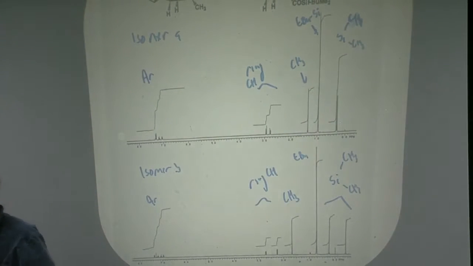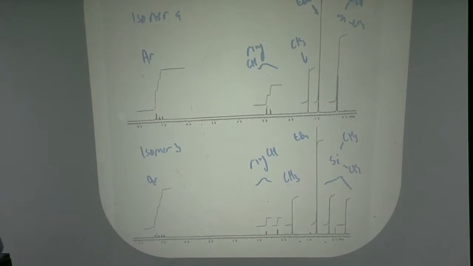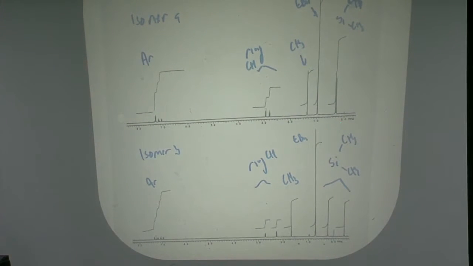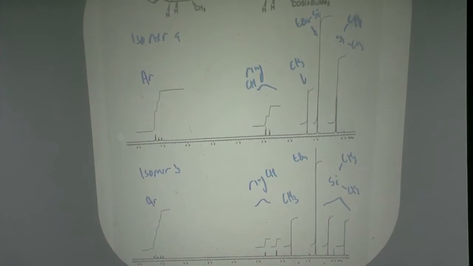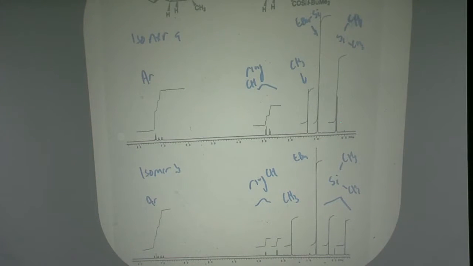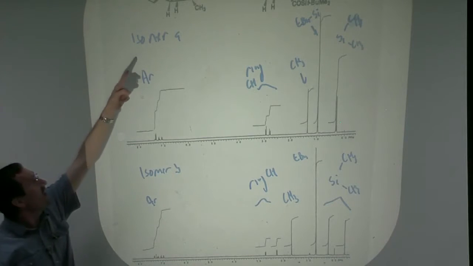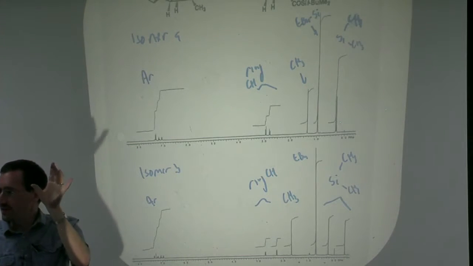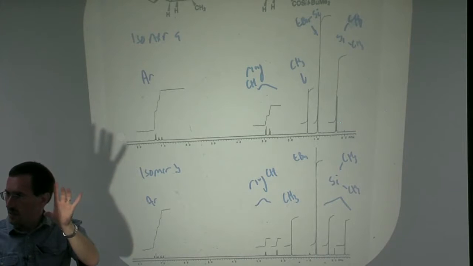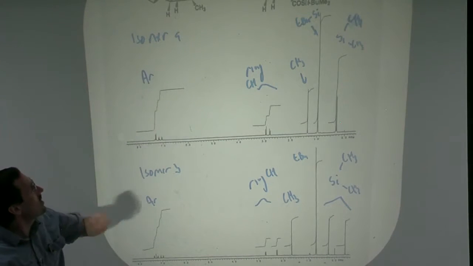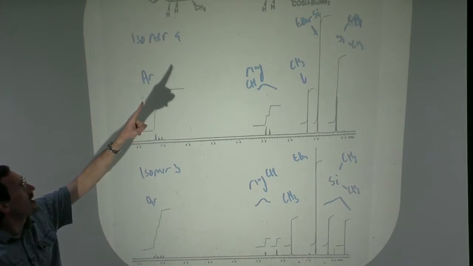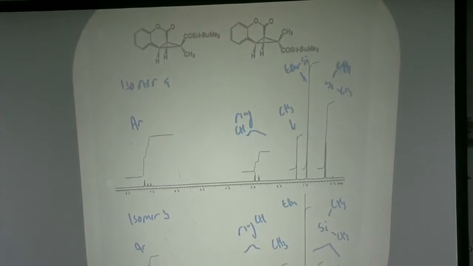Now, this is an example where the NOE just shines as an experiment because we have a testable hypothesis built into the molecule. In the diastereomer on the left, the methyl group is going to be relatively close to those hydrogens on the ring. In the diastereomer on the right, the methyl group is relatively far away, and we're fortunate enough to have both of them.